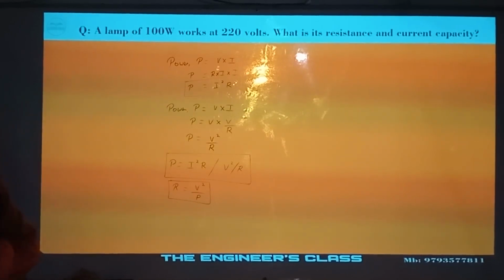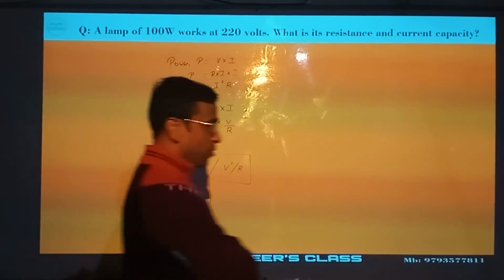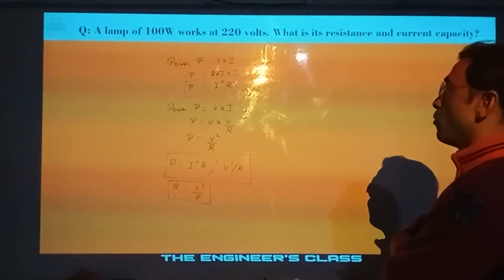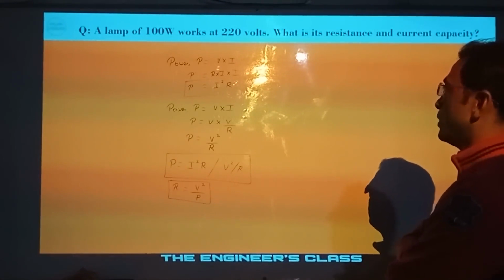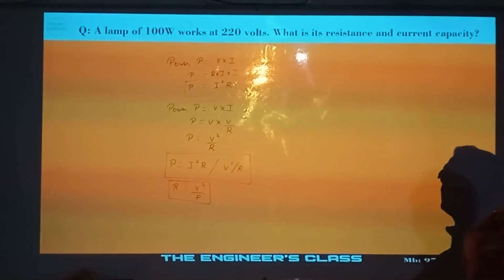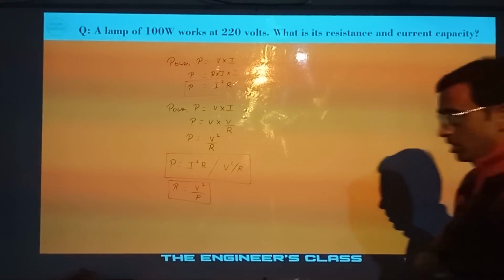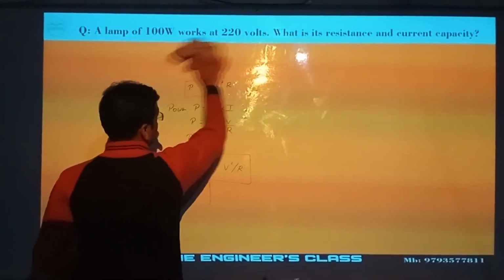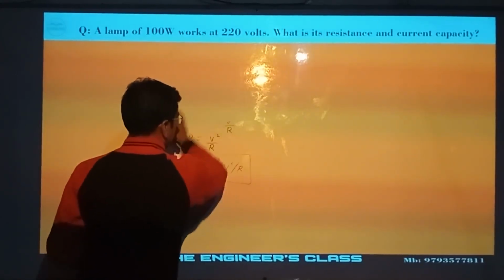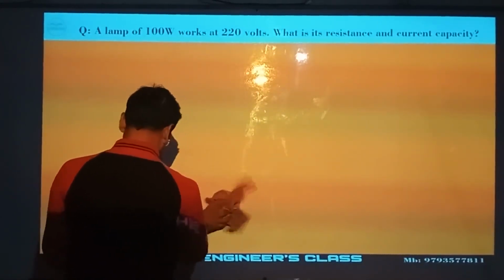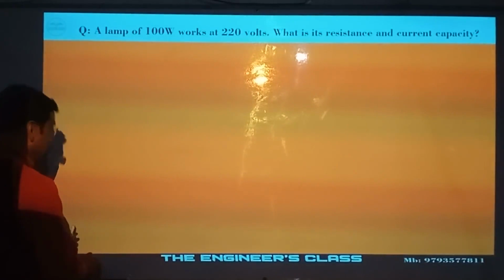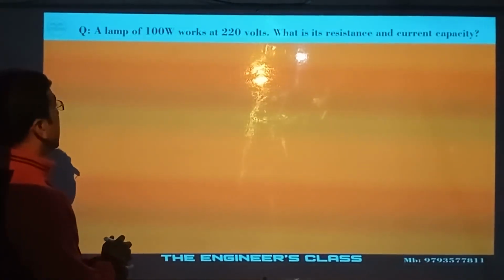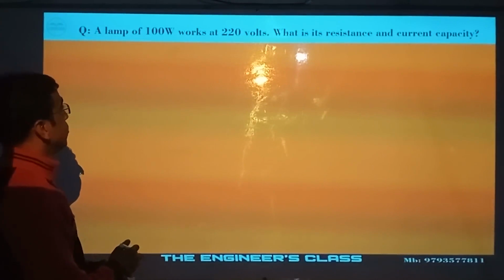Note the formula, and now I am applying it in our questions. The question on your screen asks: a lamp of 100 watt works at 220 volts. What is its resistance and current capacity? It is a simple question that relates the formula of Ohm's law to power.